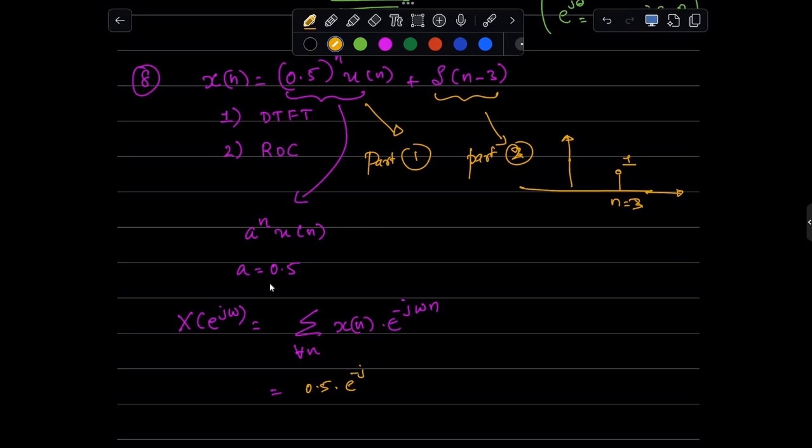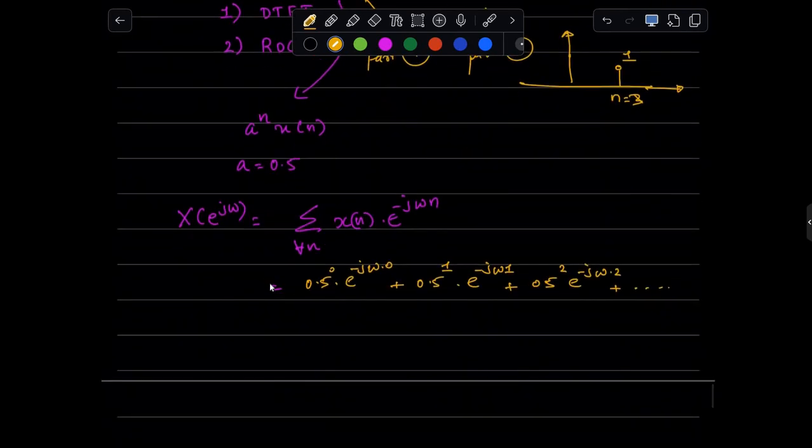In our case, it is a signal with a u of n, so it will start with 0.5 power 0 into e power j omega 0 plus 0.5 times 1 into e power minus j omega times 1, then 0.5 times 2 e power minus j omega times 2, and so on. Okay, this is the first part. I am talking about part 1.